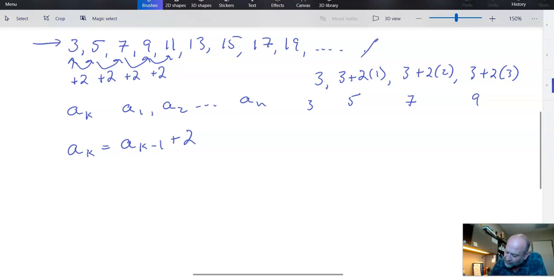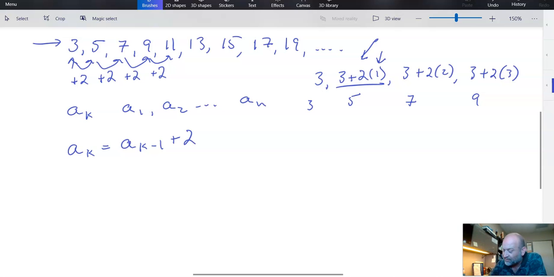Now, if you look at what we're doing here, I have my initial value. And then for every single unit that I move over, I'm adding 2. So to move over 2 spaces, I have to add 2 twos. If I move over 3 spaces, I add 3 twos. And so you can see that there's a formula in here, because this ends up being your index, because that's what's changing.